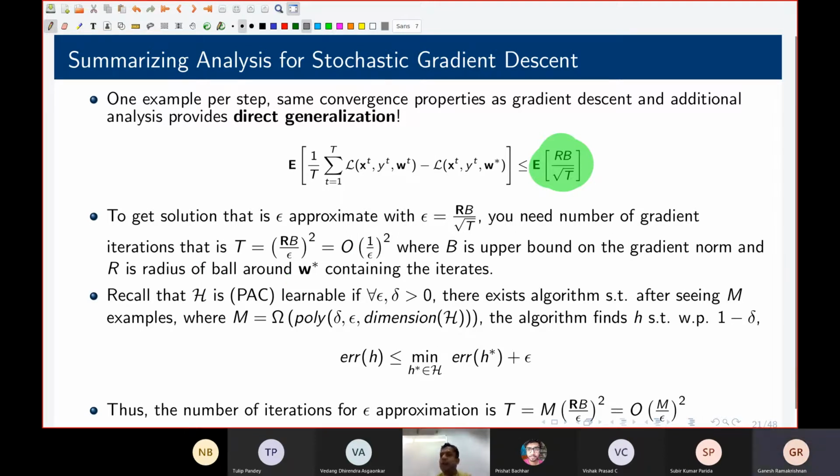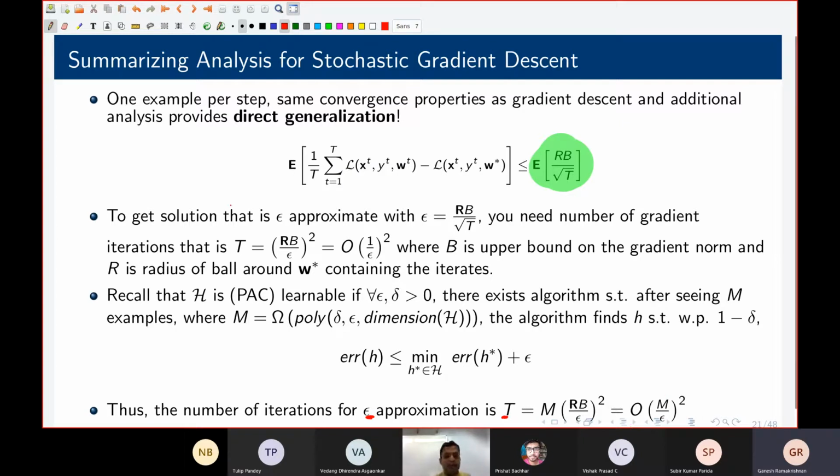Right? But now the analysis is from a different point of view. As I said, this is from upper bounding that regret. Is that clear? So you see that the expression looks very similar to what we had earlier. Things are not drastically changed. So if you want approximation epsilon, then you need number of iterations.